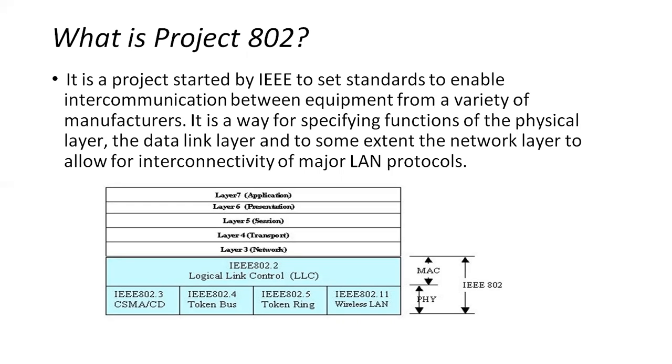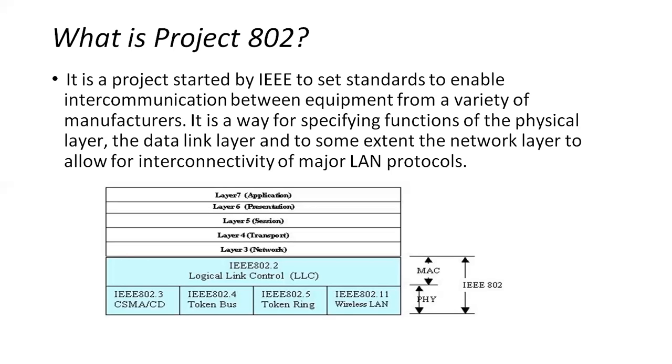It consists of the following: 802.1, which is an inter-networking standard for compatibility of different LANs and MANs across protocols. 802.2, logical link control, which is the upper sublayer of the data link layer, which is non-architecture specific, that is, which remains the same for all IEEE defined LANs.